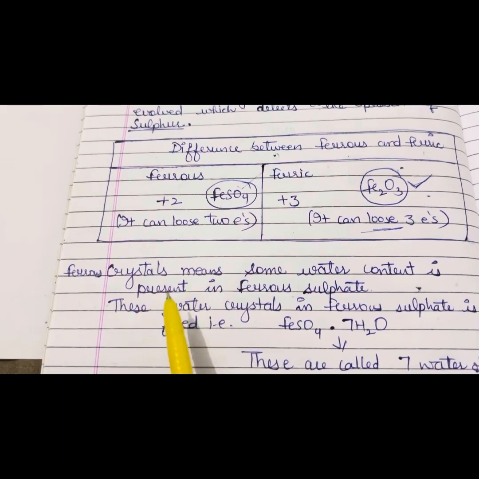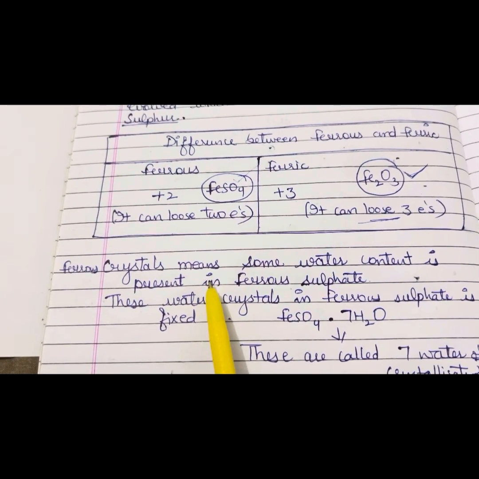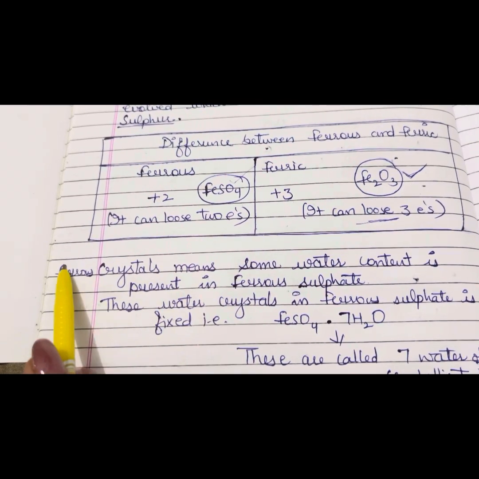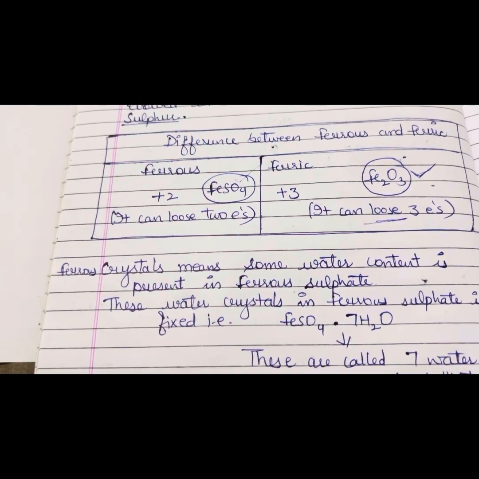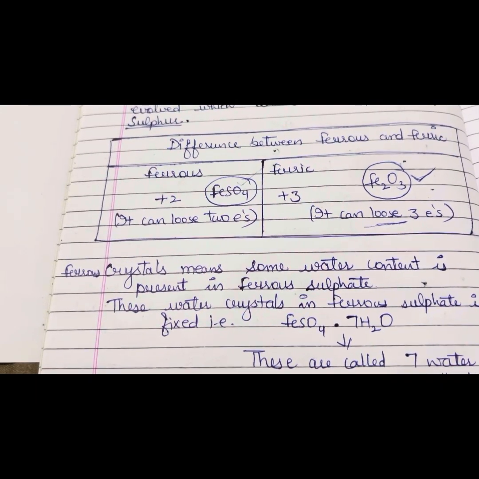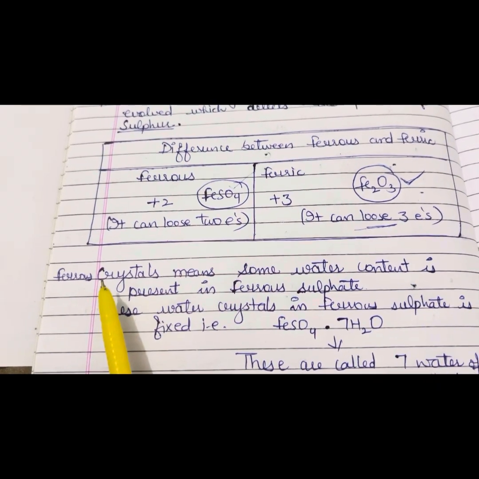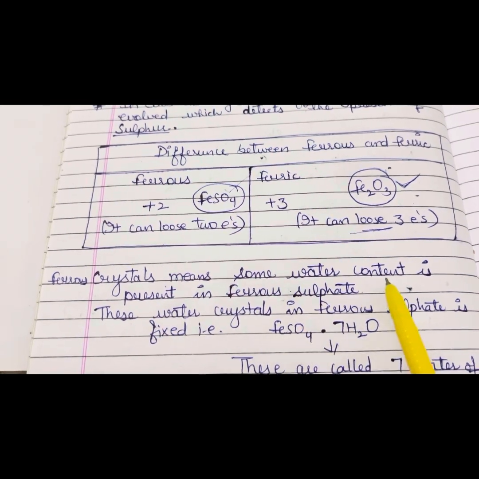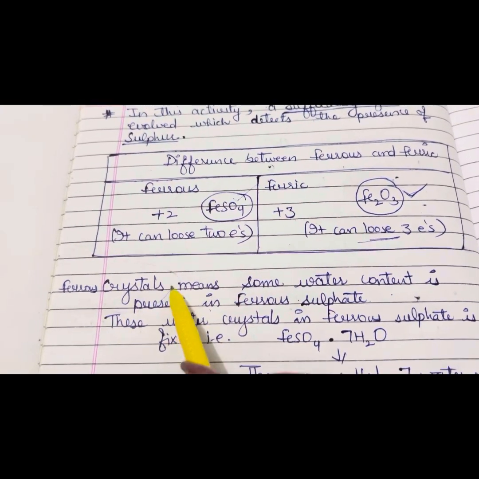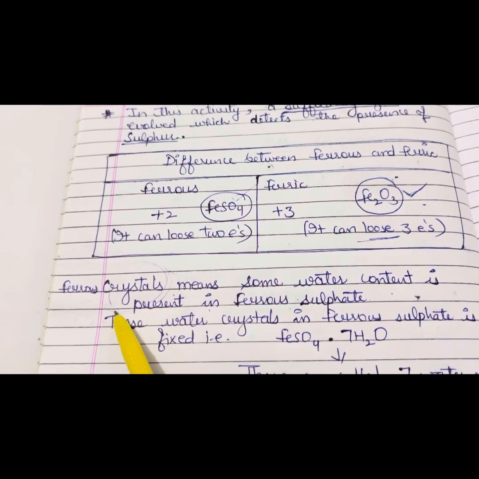The second very important thing is about the crystals. You have read in the topic that ferrous sulfate crystals, when heated, will give rise to these products. That means ferrous sulfate crystals already have some water content present. Crystals means in which water content is present.